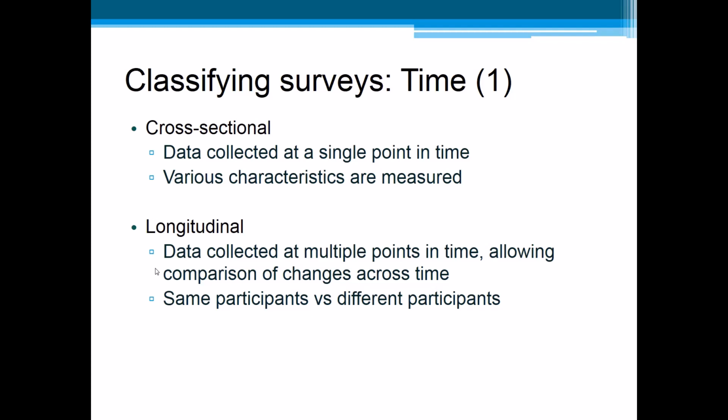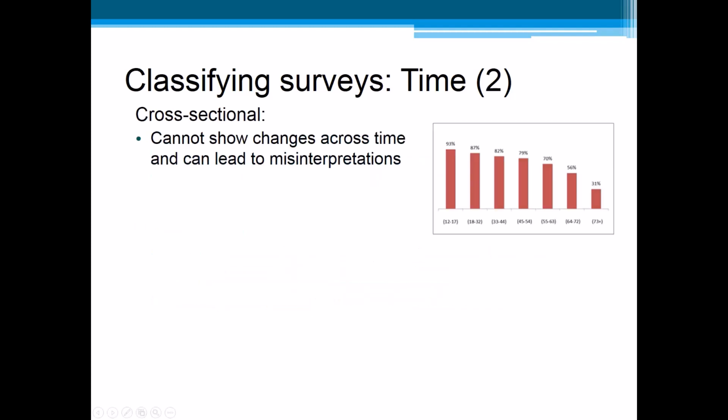Longitudinal surveys are different. This is where we might run a survey at multiple points in time in order to see changes across time. A caution with cross-sectional data is that we need to avoid the temptation of making inferences about time-based changes or relationships that are across time. If we only have cross-sectional data, we can't make that conclusion.